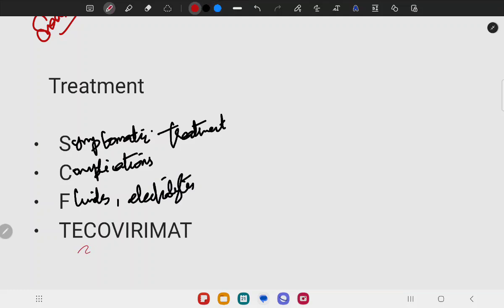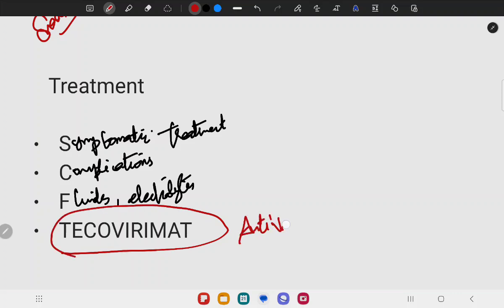And another thing, tecovirimat. This is very important, and it is an antiviral agent. Tecovirimat, the antiviral agent, is used. The next step is we have to use vaccines to prevent infections in the community. What are the vaccines?